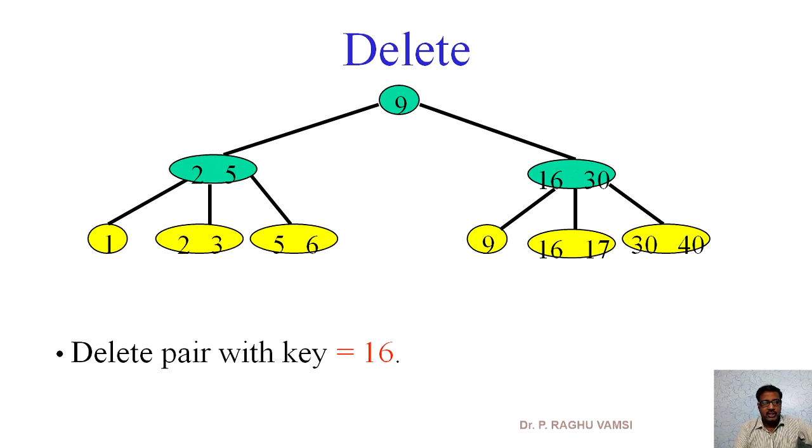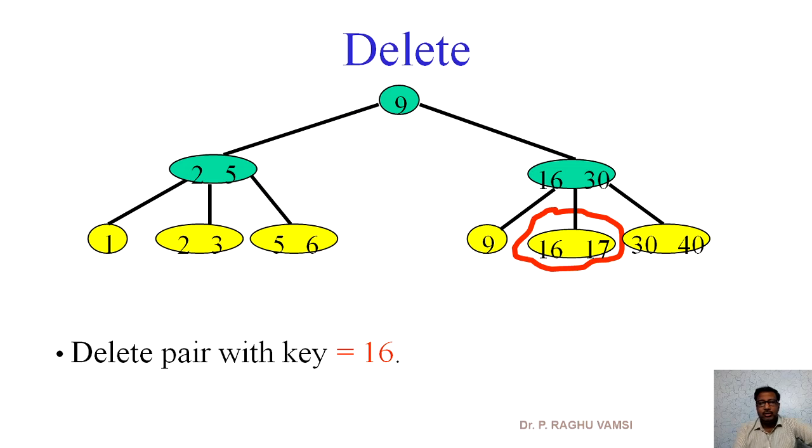Now let us see the deletion operation. You are supposed to delete 16. So whenever you try to delete the 16, compare with the 9 first, then traverse to the right side because 16 is greater than 9. So you find the 16 here. Whenever the 16 is deleted, if the 16 is the first element of any node, then it should be replaced with the next element, and this 16 has to be deleted.